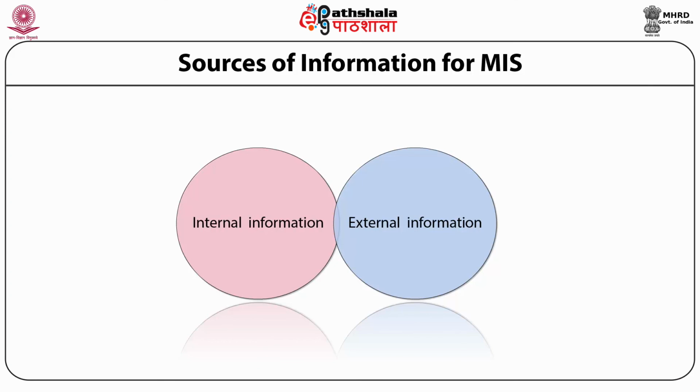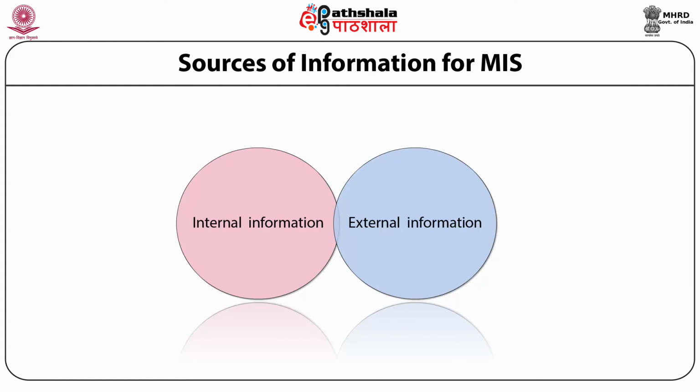And in addition to that, the other source, that is the external information, it is information about market trends, the economy, competitors, mailing list of potential customers available from news sources, organizations' publications, industry magazines, and increasingly through the World Wide Web.